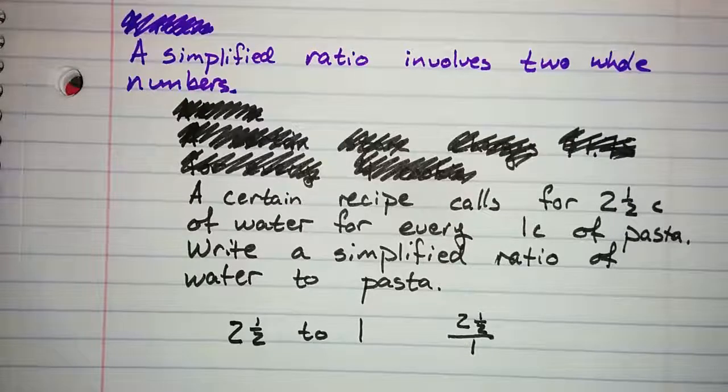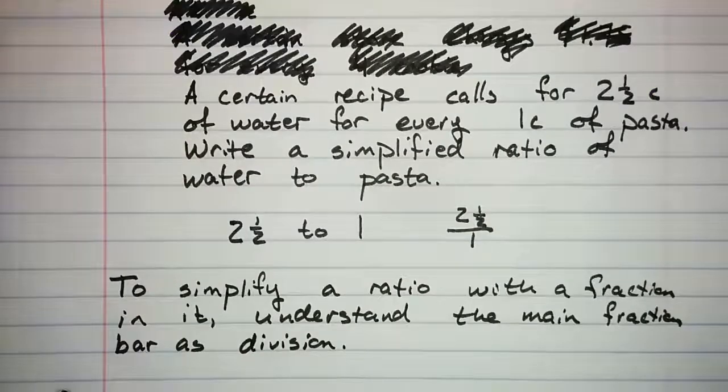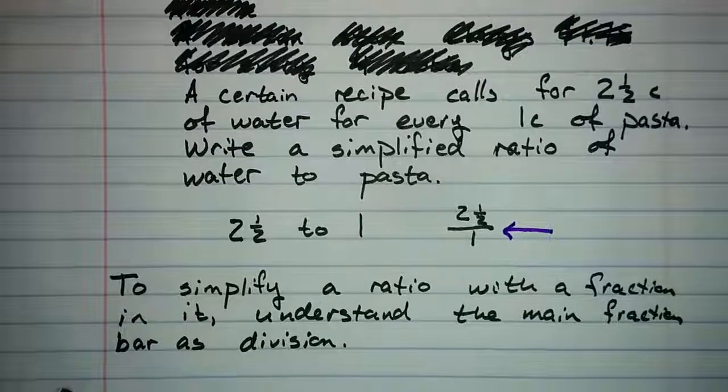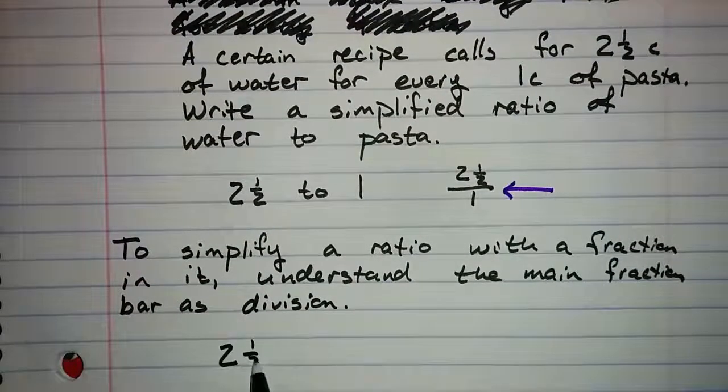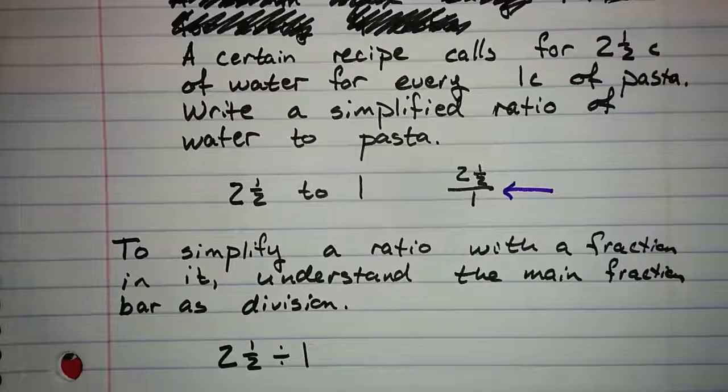Oh, hey, that looks like a fraction with a fraction in it. That's no good, right? To simplify a ratio with a fraction in it, understand this main fraction bar as division. So in this example, we'll understand this as 2½ divided by 1.